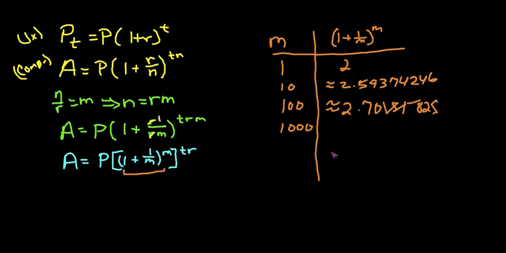And we'll go down a little further here. And we'll raise it one more time to 10,000 for the value of m. And you should see a pattern starting to emerge over on the right side of the table.